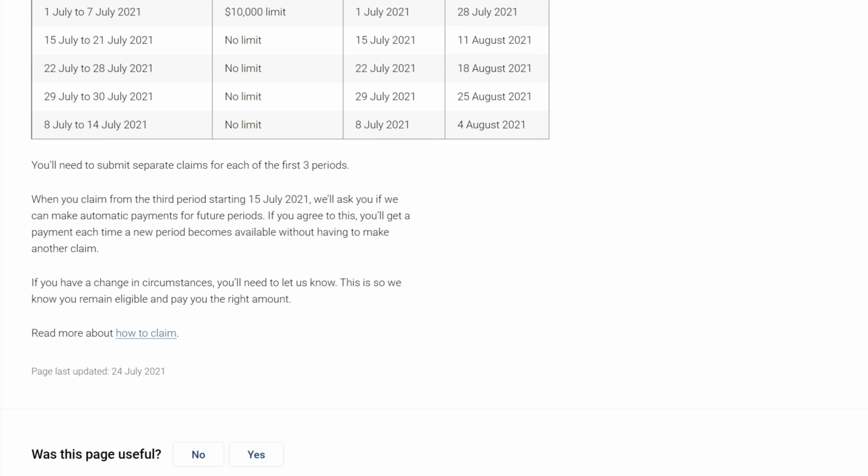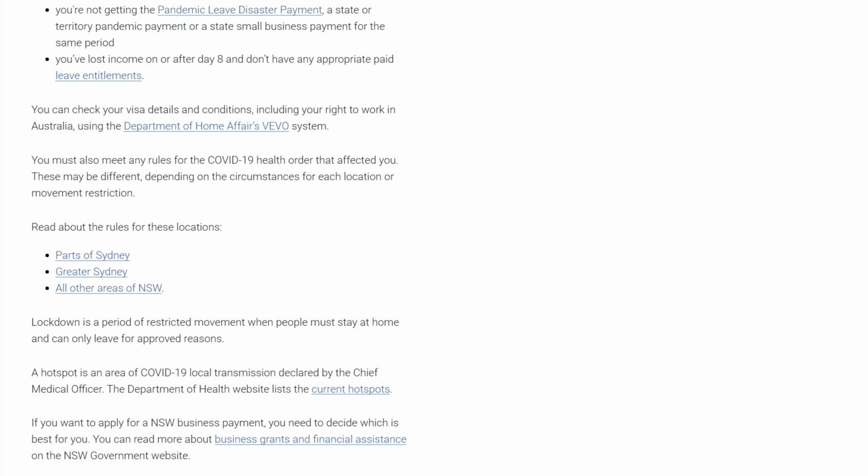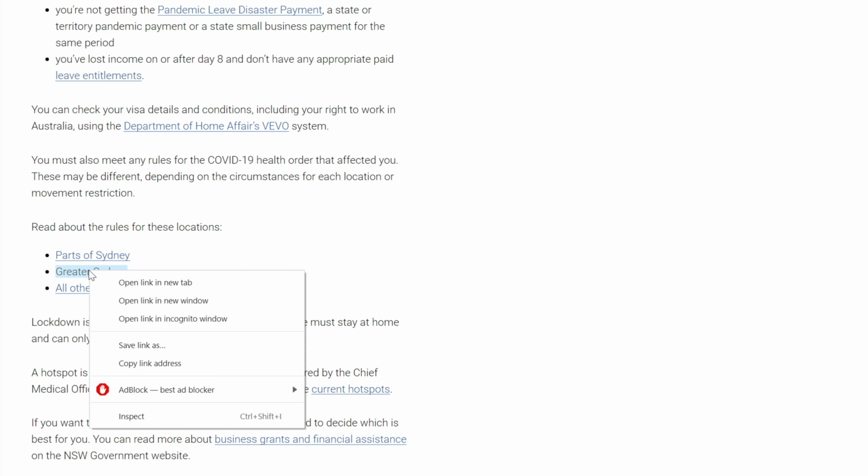Now we'll go back to the other regions that are eligible for the COVID-19 disaster payment. The second is Greater Sydney.